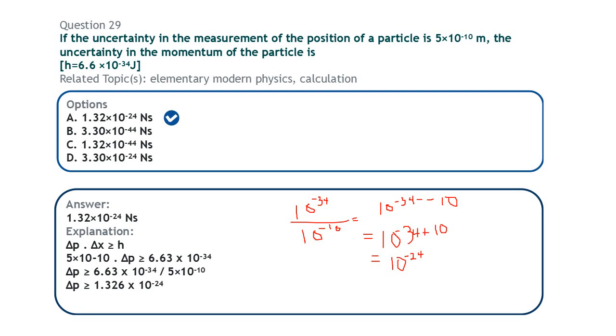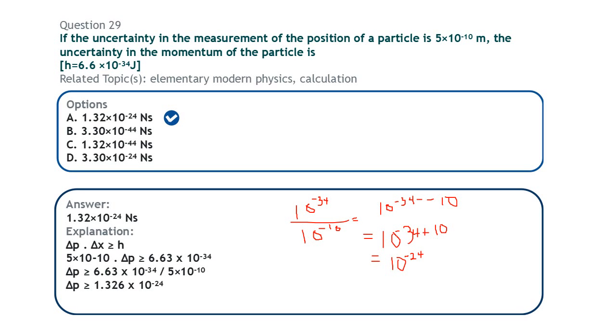So this is 10 raised to power minus 34, minus times minus is plus 10. So this is equal to 10 raised to power minus 34 plus 10, which is minus 24. All right, so this is it.